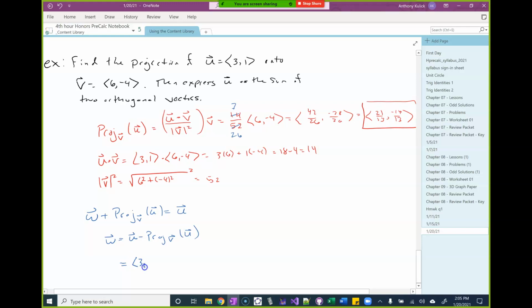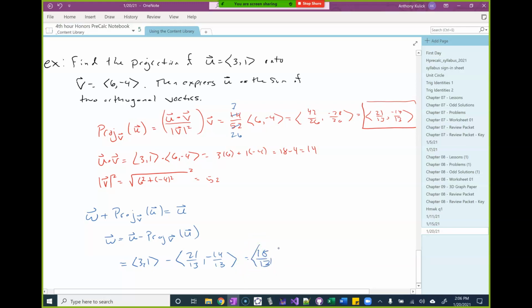So making a common denominator, 3 is the same thing as 39 over 13. And 21 minus 39 is negative 18 over 13. And then 1 minus a negative 14 over 13 is 13 over 13 plus 14 over 13, which is 27 over 13.